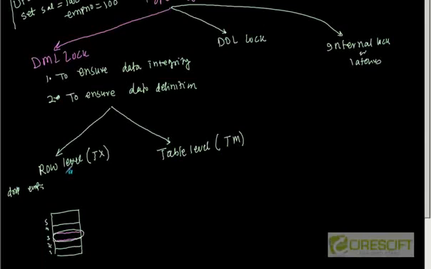Again, row level locks are acquired automatically. Oracle will assign a row lock to this row whenever you submit this update statement, and there's no limit on how many locks it can acquire.